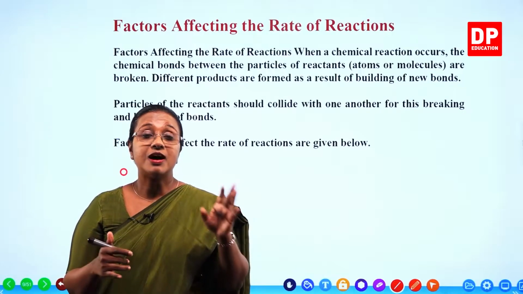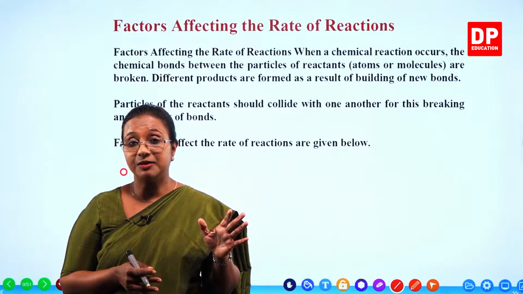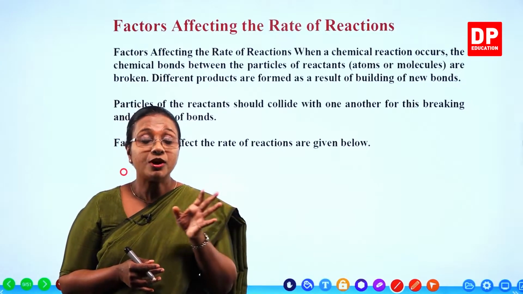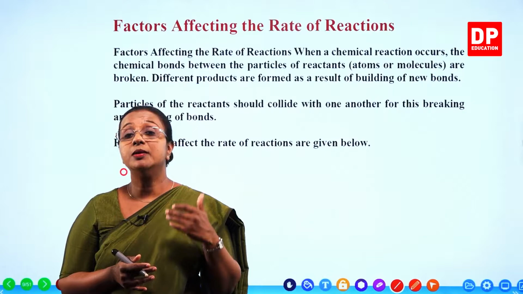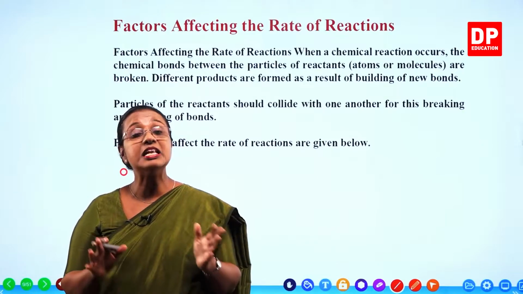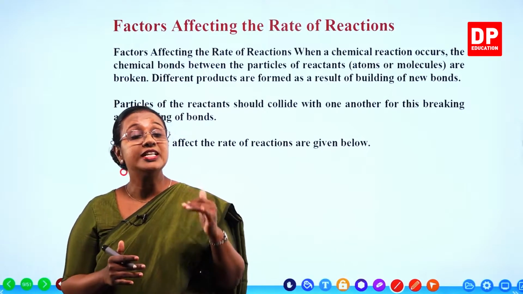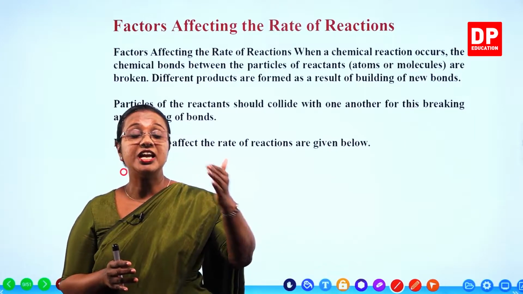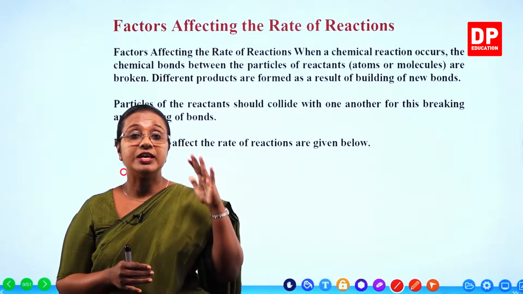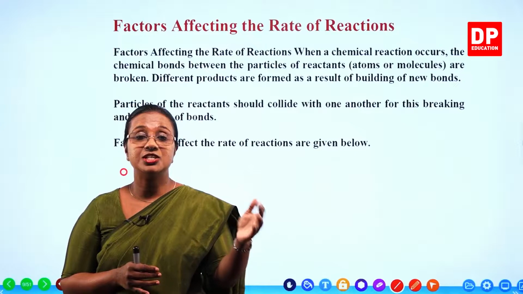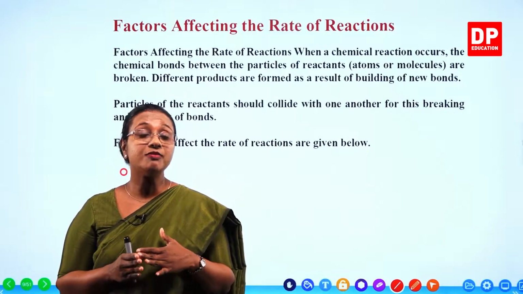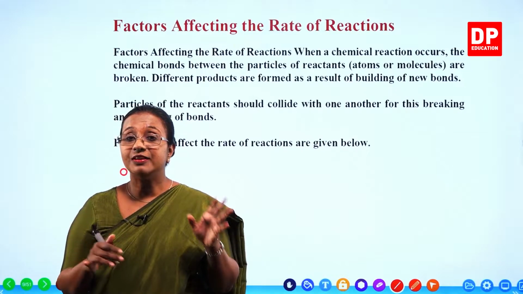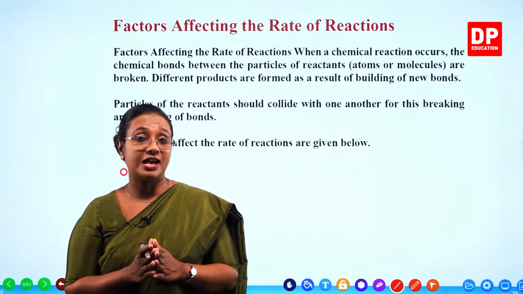Or else, we fix the time, and measure the amount of reactants used up or amount of products formed in a unit time. So since the equation is the change divided by time, we can either fix the amount of change or we can fix the amount of time. So either way, we can calculate rate of reaction.